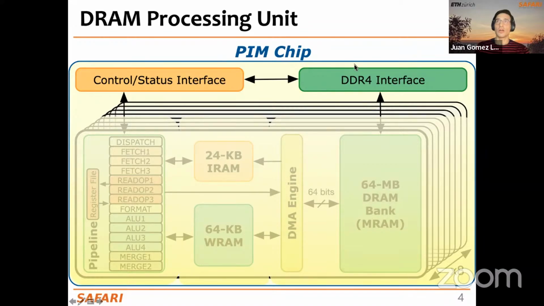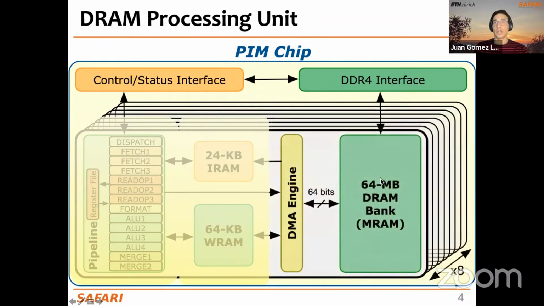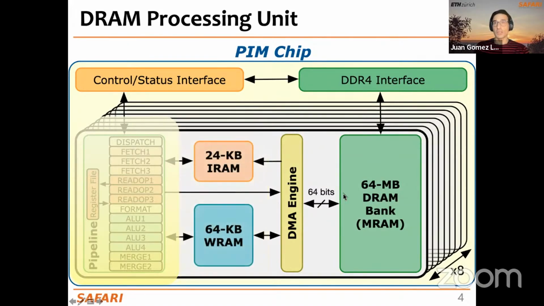We also have a DDR4 interface for the CPU to access the DRAM banks. Then here we have the 8 DRAM banks and the corresponding DMA engines to access them. And the way we access them is by either moving instructions from the MRAM to the IRAM, or moving operands back and forth between the MRAM and the WRAM, which is a scratchpad or software managed cache.